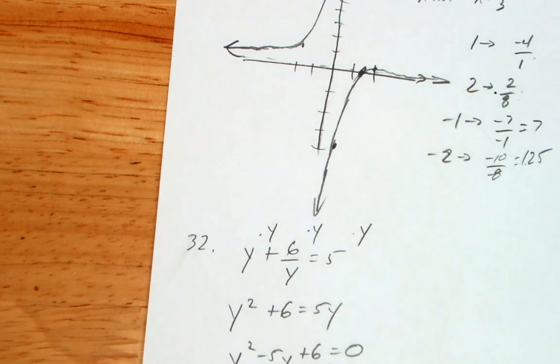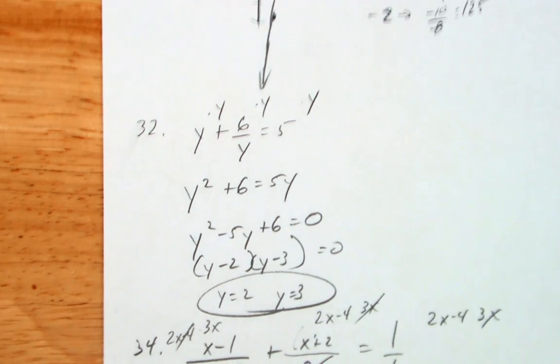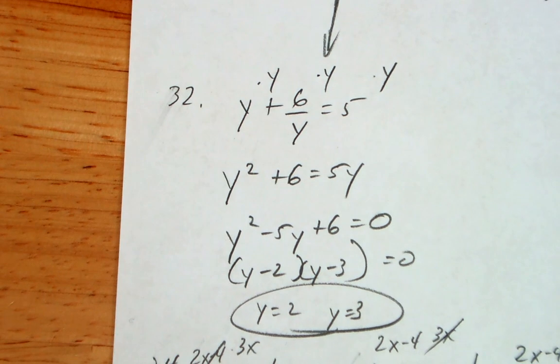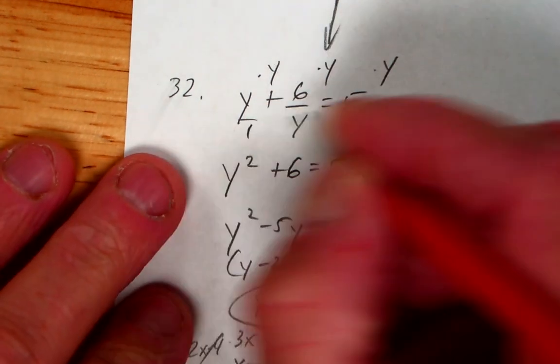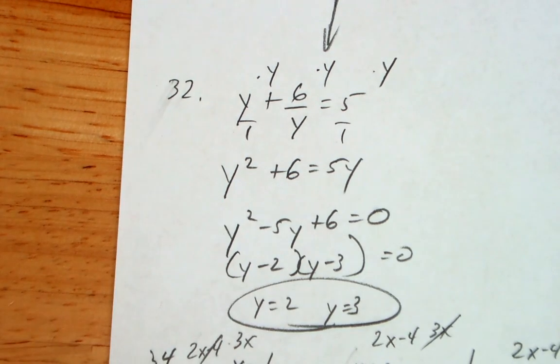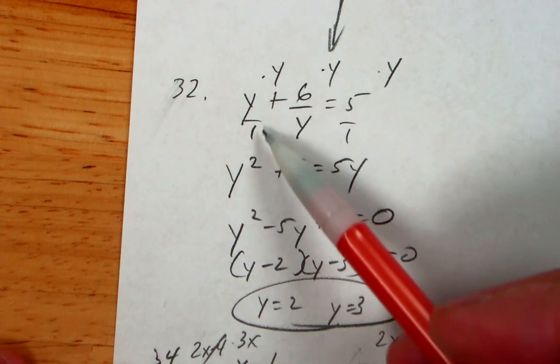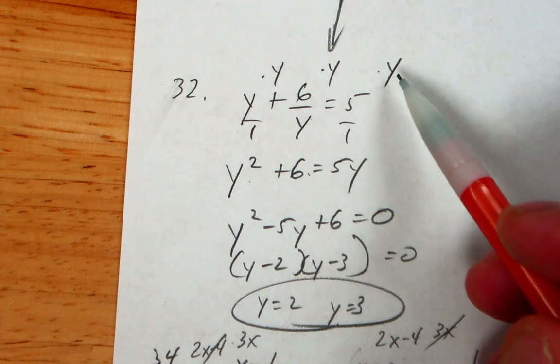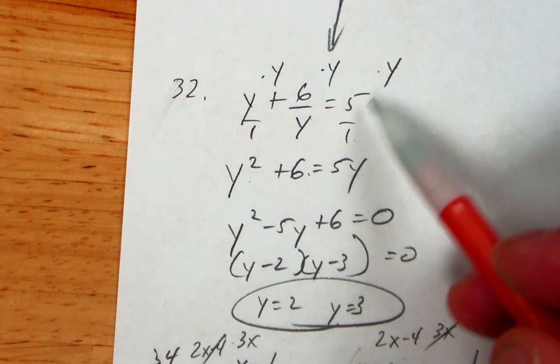Okay, 32. Let's go ahead and zoom in on this one. The only denominator that we have to get rid of is y. Sometimes I like to put them over 1 just so I don't think I've got to cancel the 5. I multiply everything by y. So here, nothing cancels, I get y squared. Here, my y cancels, I'm just left with 6. And this one, nothing cancels, so I take 5 times y.